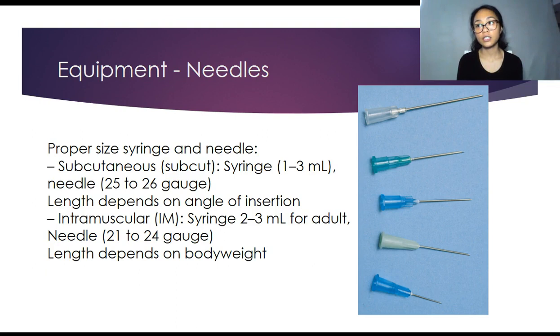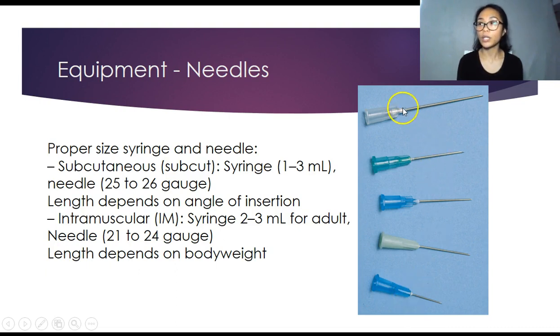And so you can see if we have 19 gauge at the top, that is 38 millimeters in length. Then we have a 20 gauge needle, about 25 millimeters in length. 21 gauge needle, 25 millimeters in length. 23 gauge needle, 25 millimeters in length, and a 25 gauge needle, 16 millimeters in length.